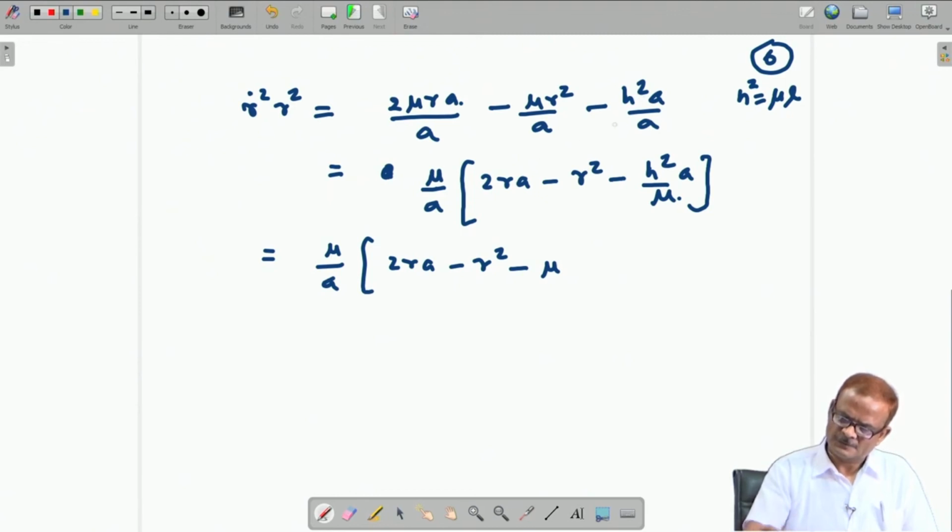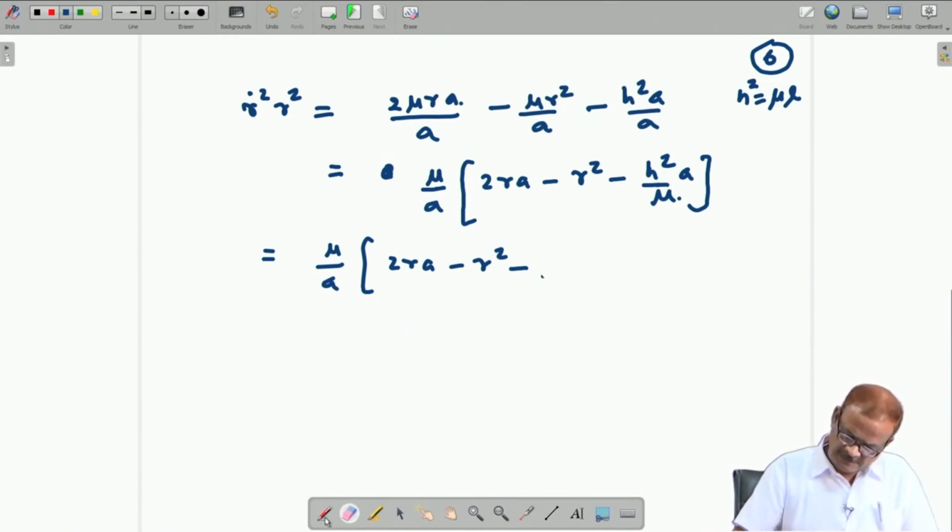Once we work this out, A cancels out h square. You can check yourself that this can be reduced to this format. Now h square by mu is L, so remove this part from this place.